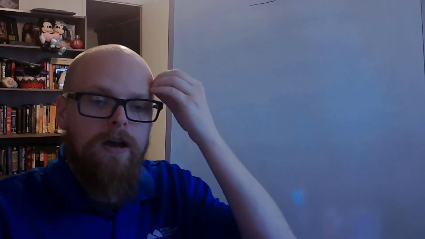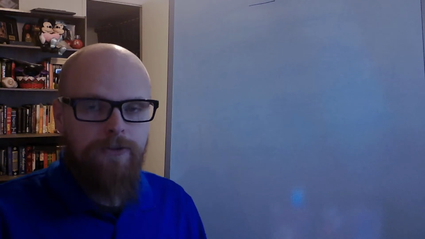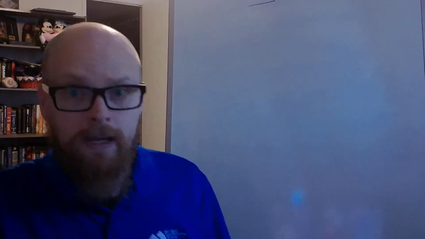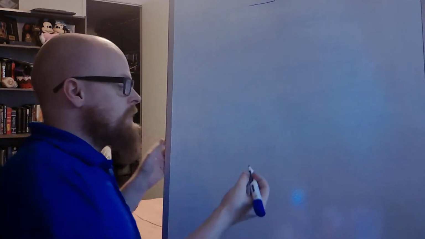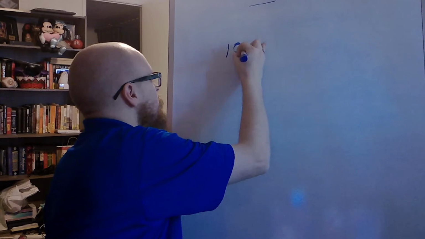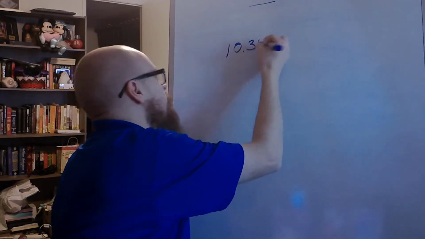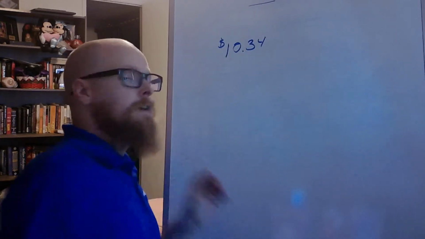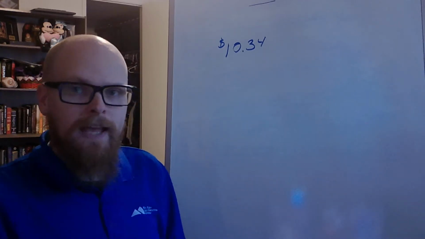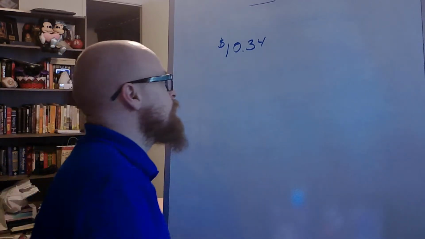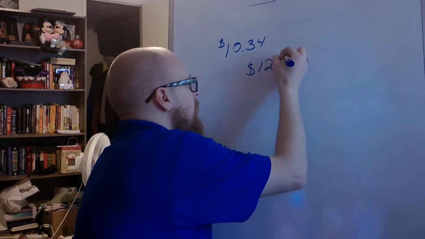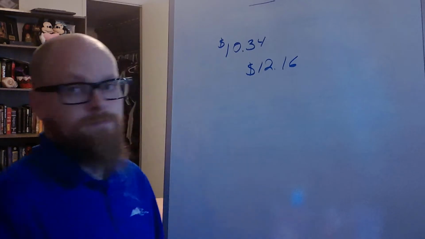Okay, when we're dealing with percentage of change, we take the two numbers they give us. For instance, let's work with pay. If they tell us Jack started at $10.34 an hour, right? After 6 months, Jack gets a pay increase to $12.16 an hour.